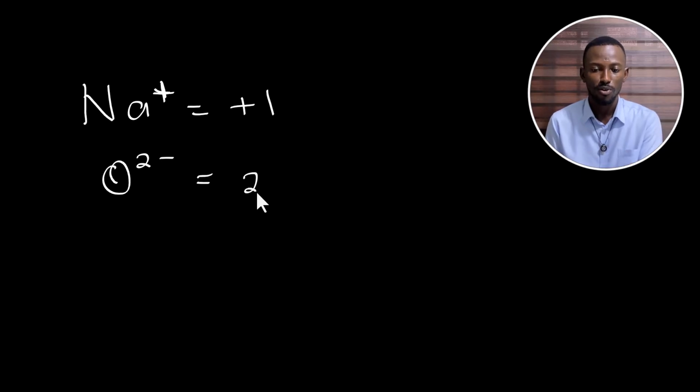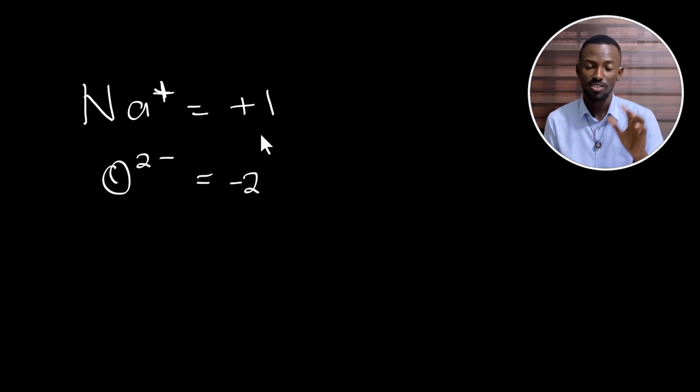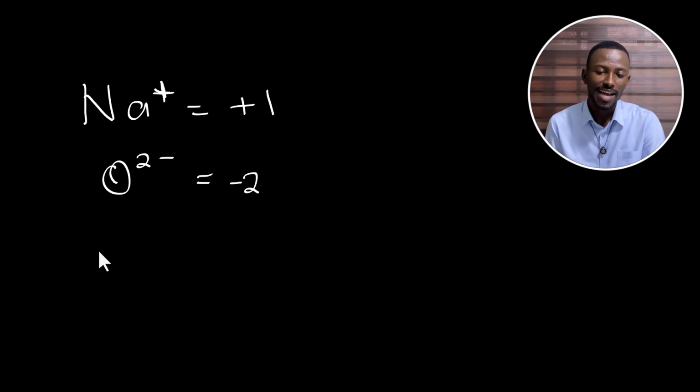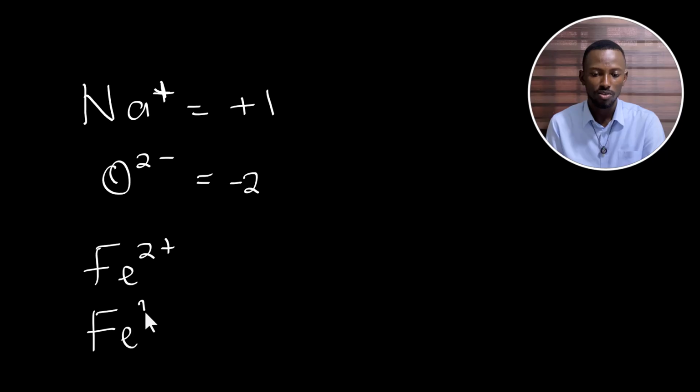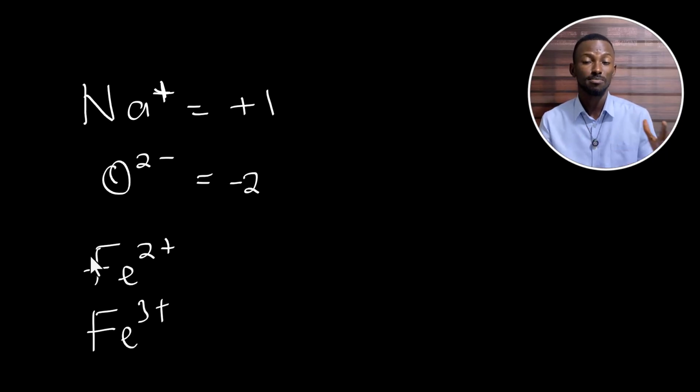And we have oxygen to have an oxidation state of -1 and -2. Sodium will always have oxidation state of +1. Meanwhile, we have some other atoms like iron can have oxidation state of +2 or oxidation state of +3. This is simply because they form part of the transition metals.